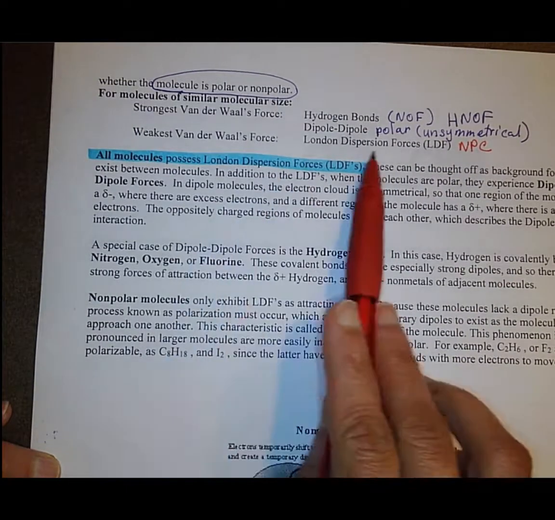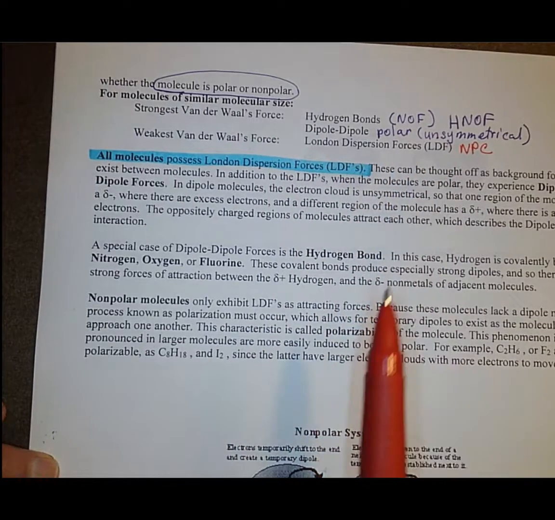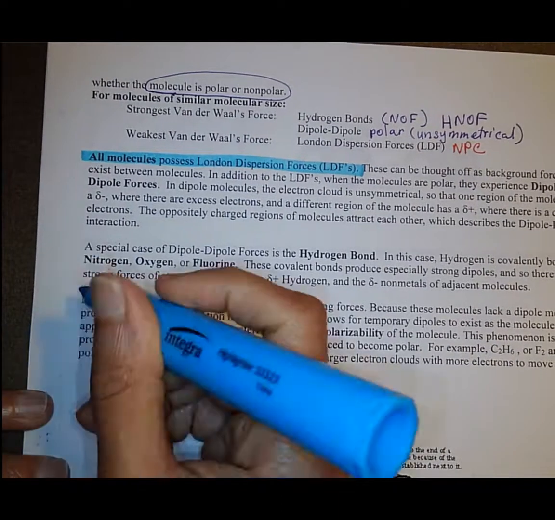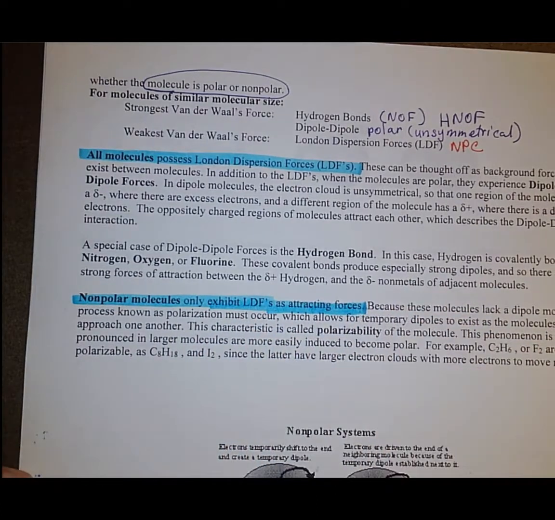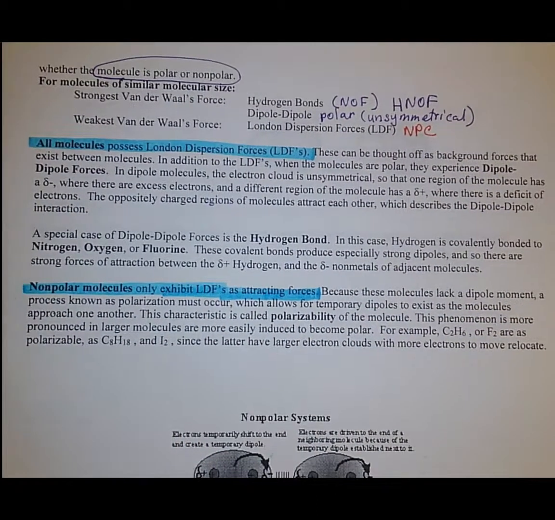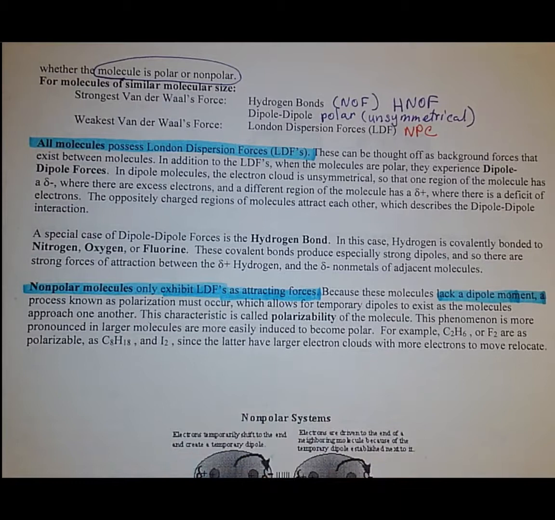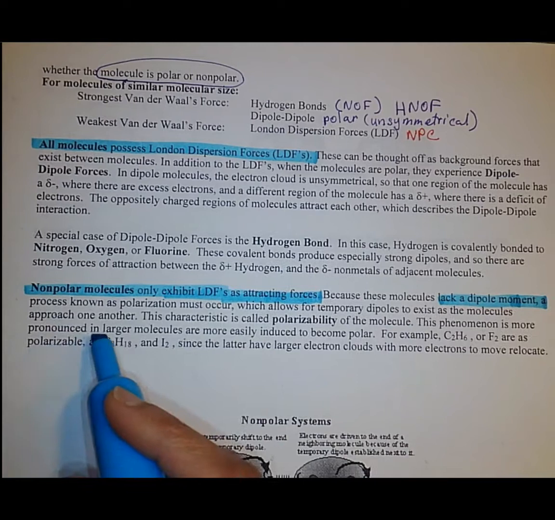The reason why the London dispersion forces, or LDFs, exist is that it's basically an attracting force. Non-polar molecules exhibit only LDFs. That is the attracting force that is there. Because these molecules lack a dipole moment, the process known as polarization allows for temporary dipoles to exist as the molecules approach one another.